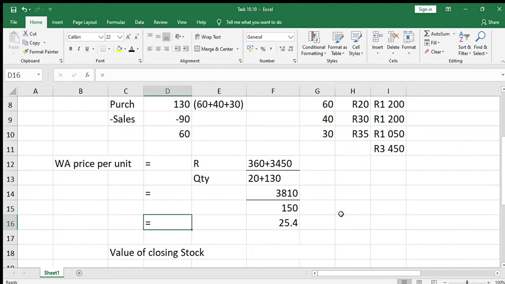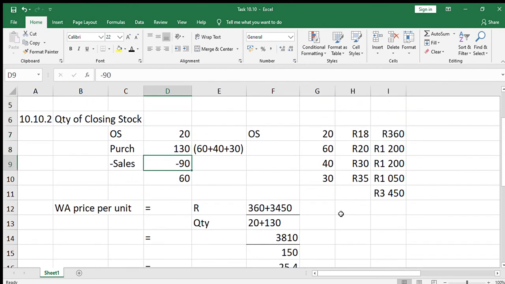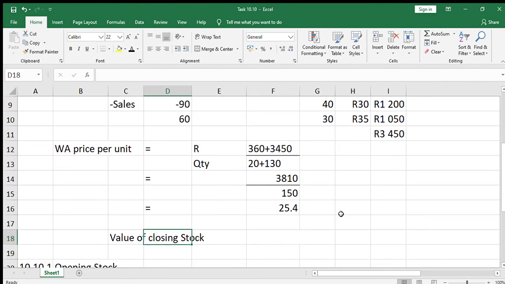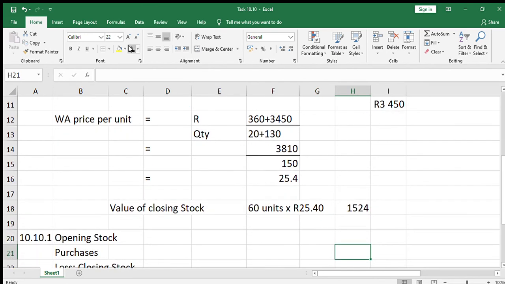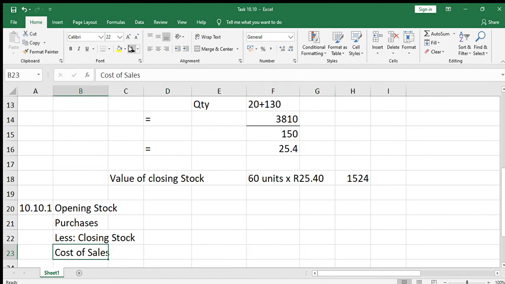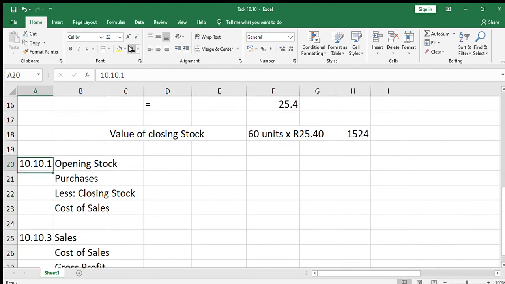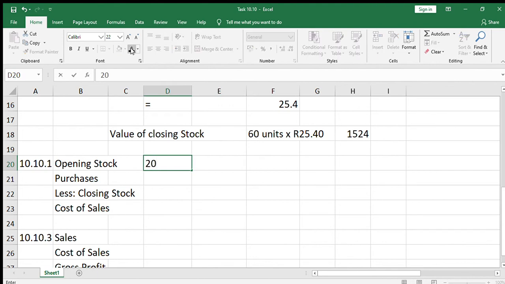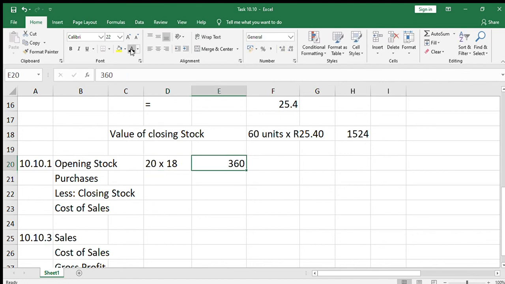Now the value of closing stock. Look at the stock calculation. We have 60 units in closing stock. Each unit will be multiplied by the weighted average price per unit, which is 25 rand 40, and you get an answer of 1,524. Now we can go back to 10.10.1 to calculate the cost of sales. The value of the opening stock was 20 units times 18 rand, which gave us 360.